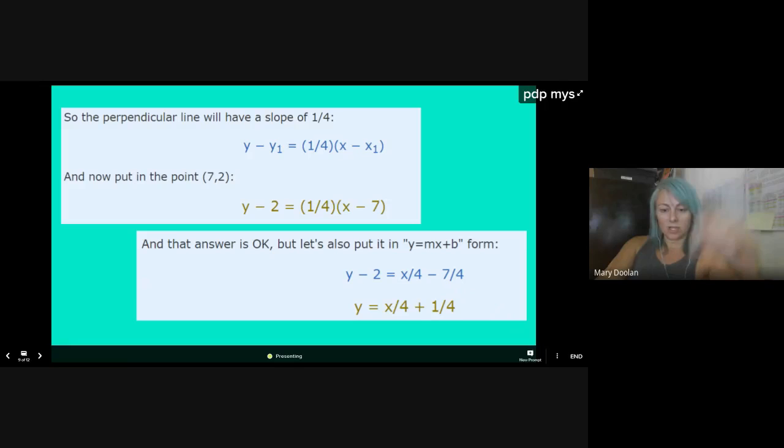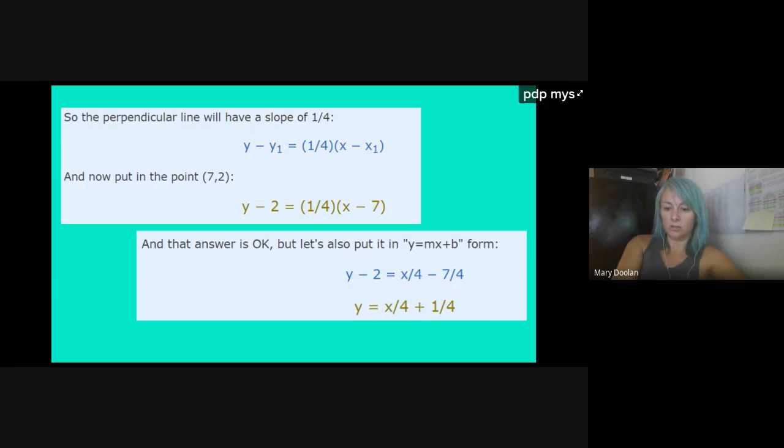I'll just type this in the chat real quick. So 2 as a fraction with a denominator of 4. When you want to change a whole number into a fraction, you multiply by 1. But the form of 1 I'm going to multiply by is 4 over 4, because I want 4 in the denominator.